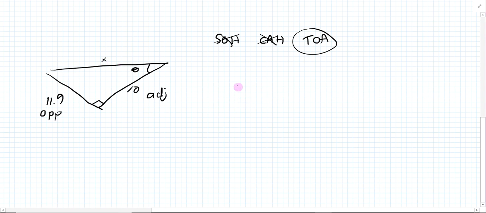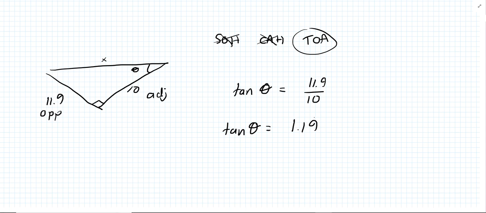So the tangent of the angle is found by doing 11.9 divided by 10, which is 1.19. That's a nice and easy one. If that turns into a decimal that needs to be rounded, we don't do that.